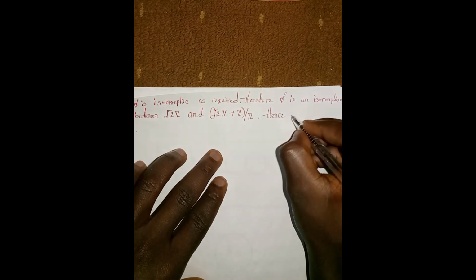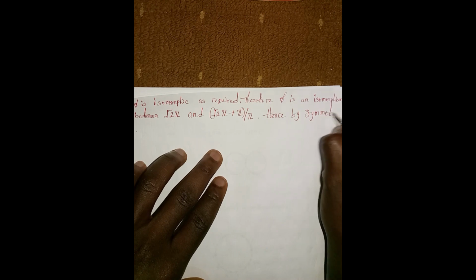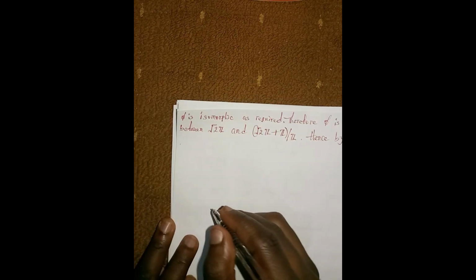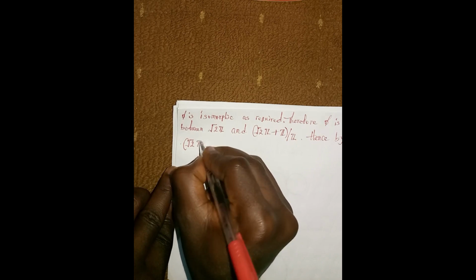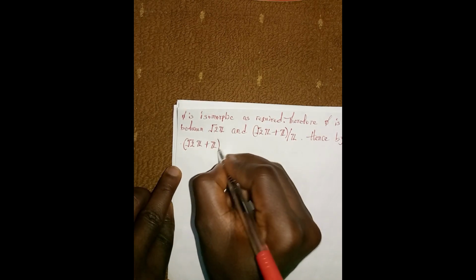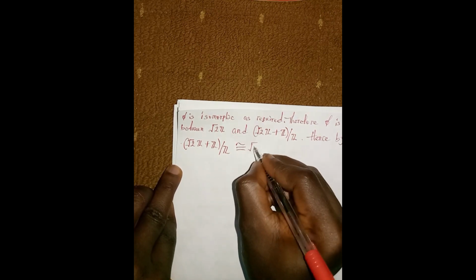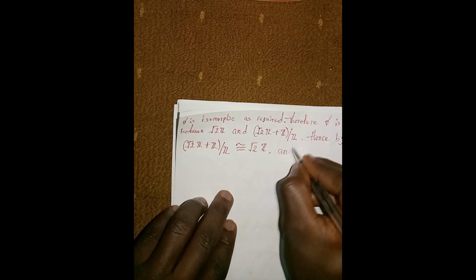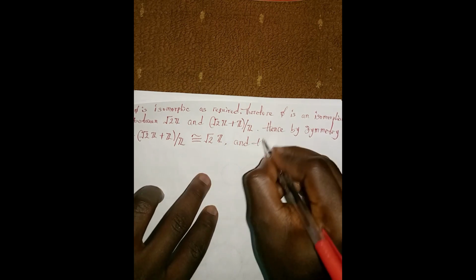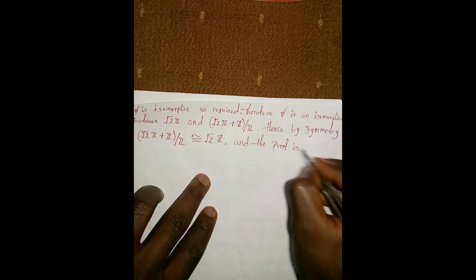Hence, by symmetry, we have that the root of 2 script z plus script z by script z is isomorphic to the root of 2 script z, and the proof is complete.